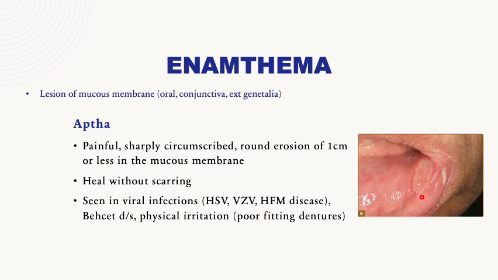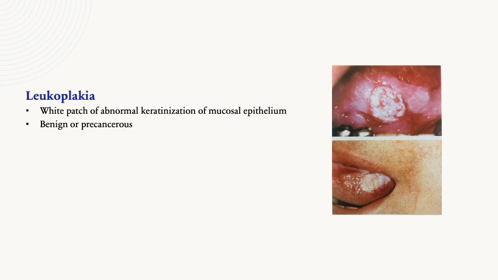Here you can see the aphthous ulcer on the buccal mucosa. Another type of enanthema is leukoplakia, which is a white patch of abnormal keratinization of the mucosal epithelium, which can be a benign or precancerous lesion.